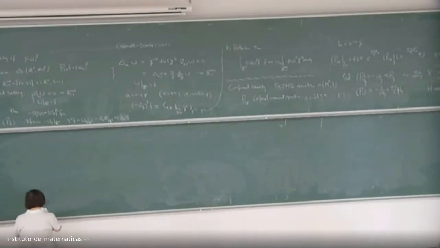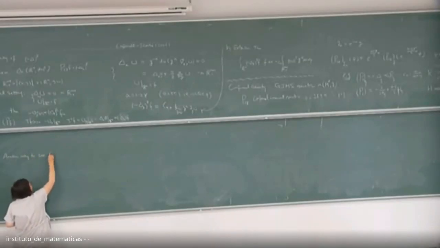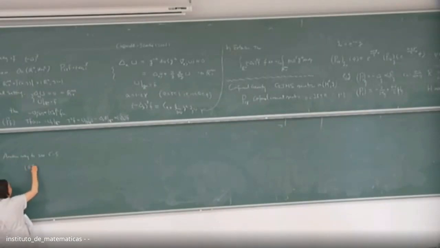Okay, so first, there is a different way to look at the result of the Caffarelli and Silvestre theorem, which is on R^(n+1) plus, with R^n as boundary, and the flat metric.